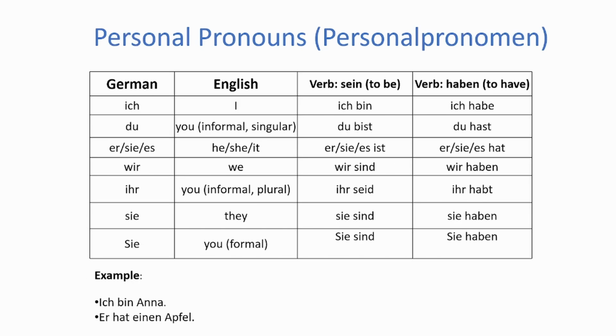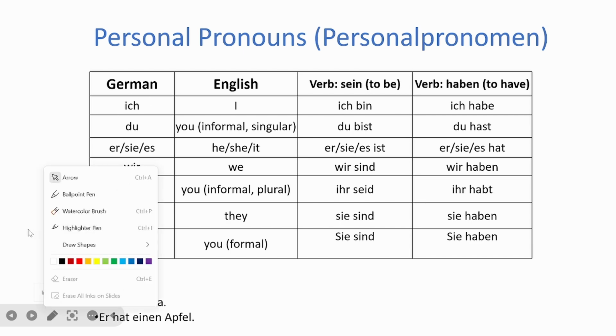So in this slide, we are going to talk about personal pronouns, which means personal pronomen in German, in Deutsch. In our previous video, we have already talked about these personal pronouns, but here we will say it again.